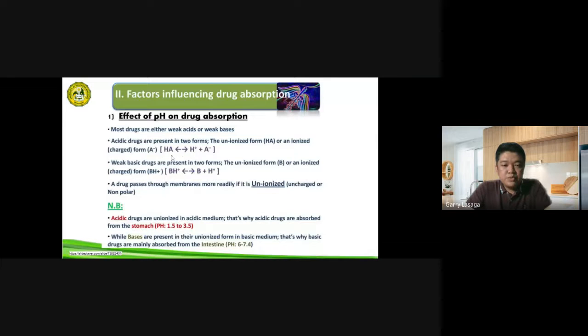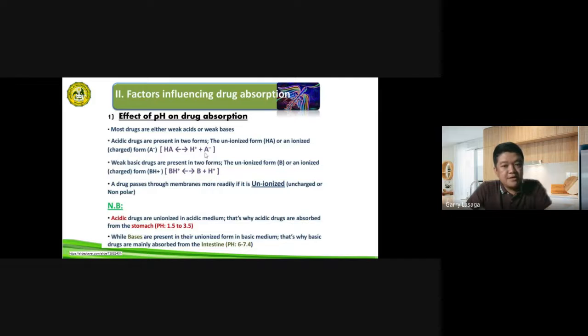When we are going to put the weak acid in a solution, since this is an acid, this particular acid will give off, it will donate hydrogen ions. So the hydrogen ions will dissociate from the acid, which is the conjugate base.